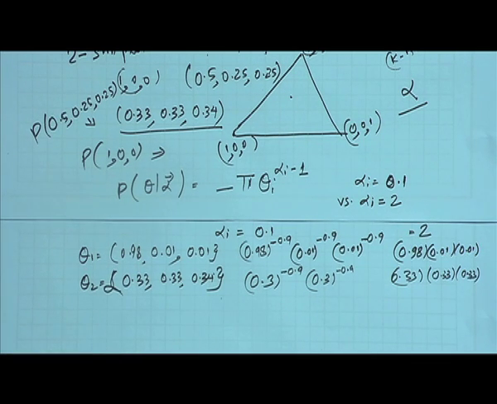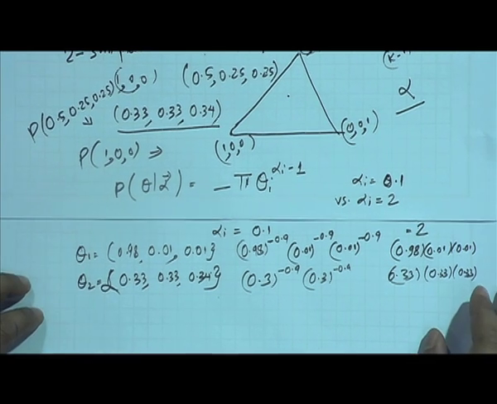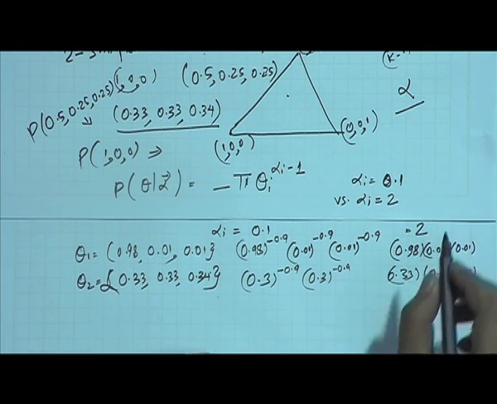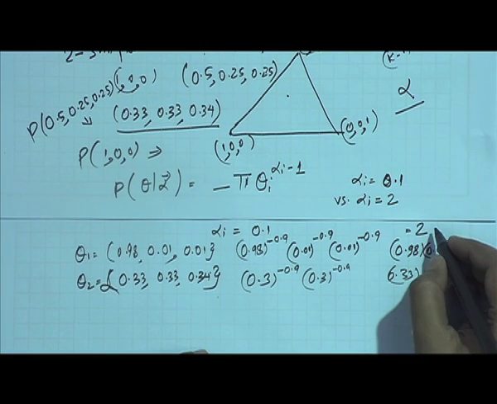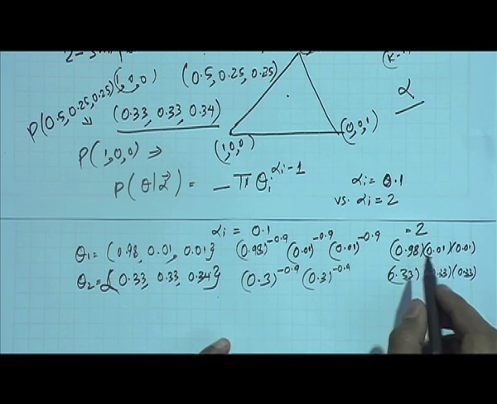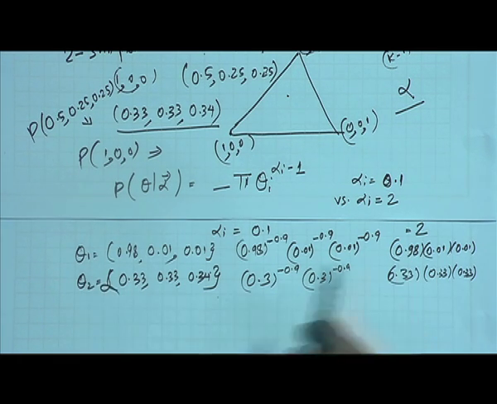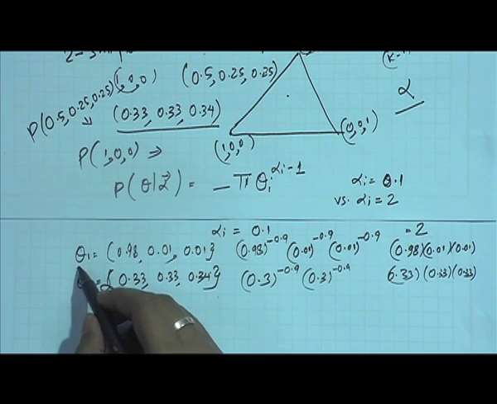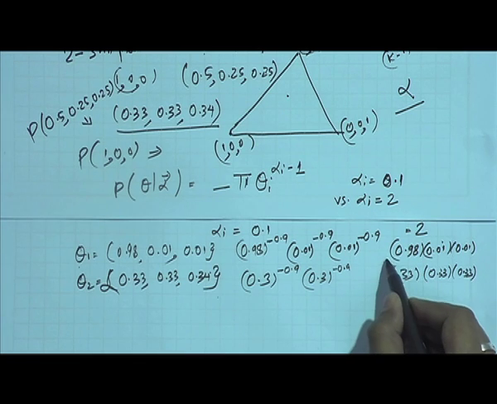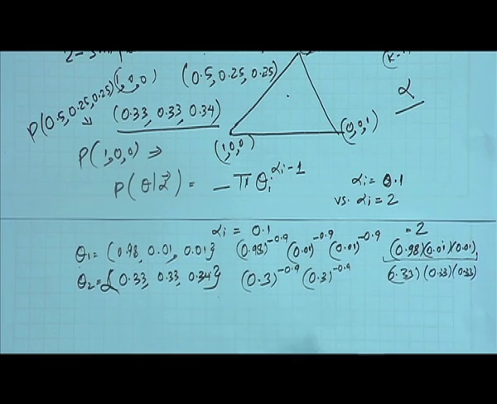Now what is your observation here? If alpha is equal to 2, then the distribution where one topic has a very small probability gets an overall very small probability.